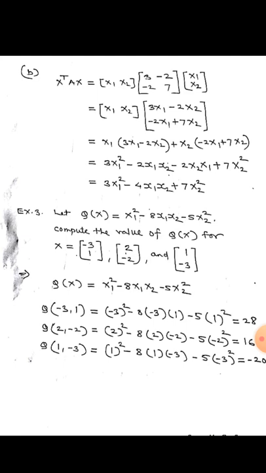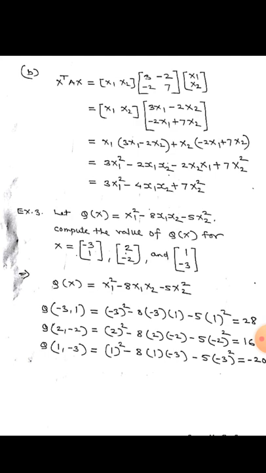Example 3. Let q of x be equal to x1 square minus 8x1 x2 minus 5x2 square. Compute the value of q of x for x equal to the column vectors minus 3, 1; 2, minus 2; and 1, minus 3. Now q of x is x1 square minus 8x1 x2 minus 5x2 square.